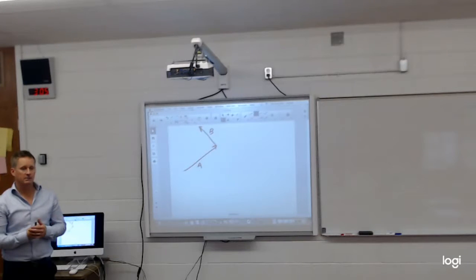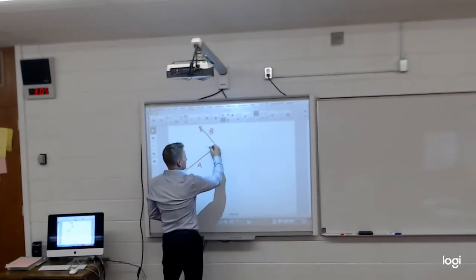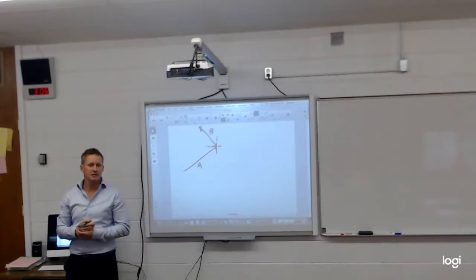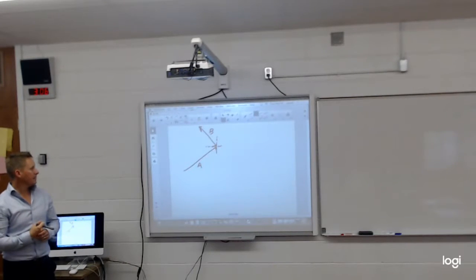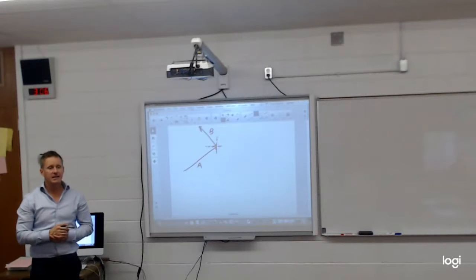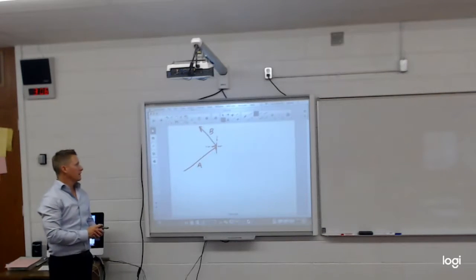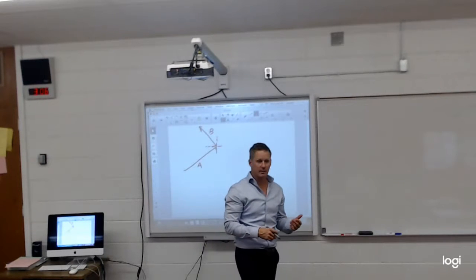My suggestion is to always put your little grid in here when you're drawing them if they're giving you degrees and angles. So that's how I would draw A and B. The second one says C and D, but I want to take D and I want to subtract C. So here's your first tidbit of advice coming from me, having done this for so many years.